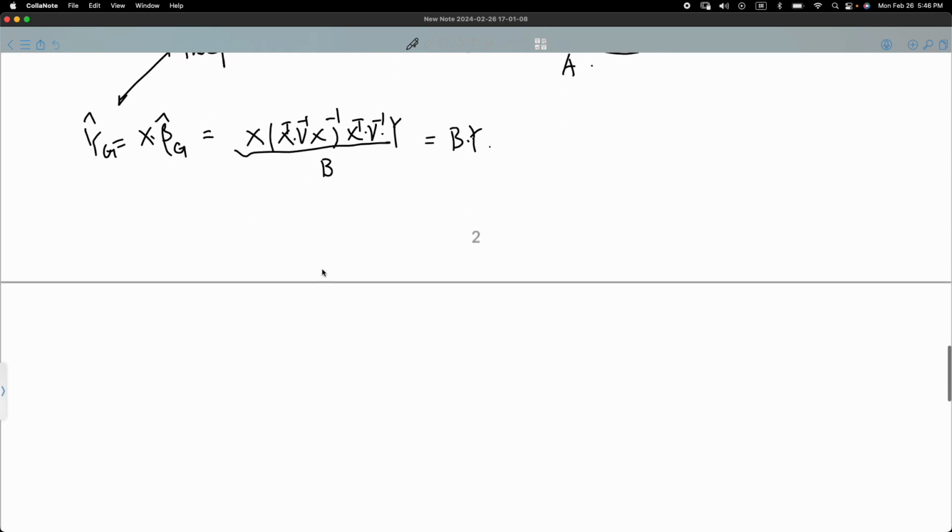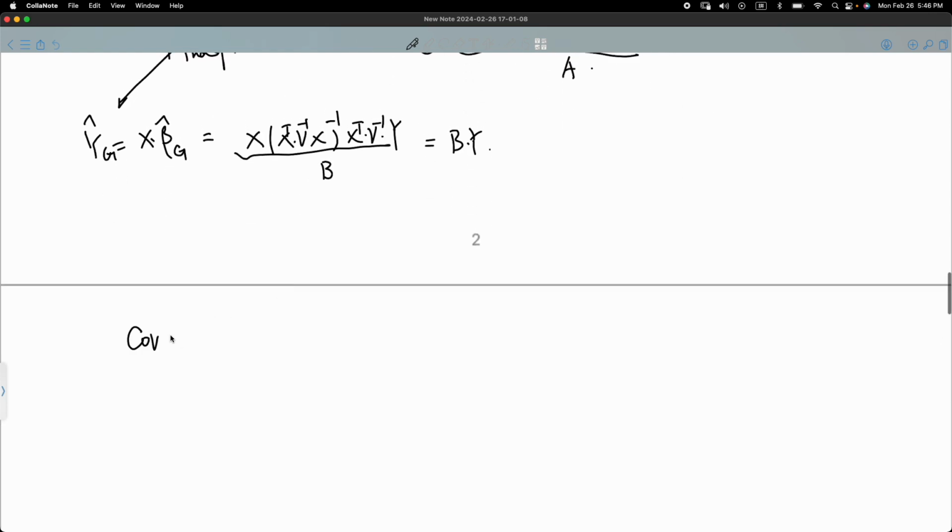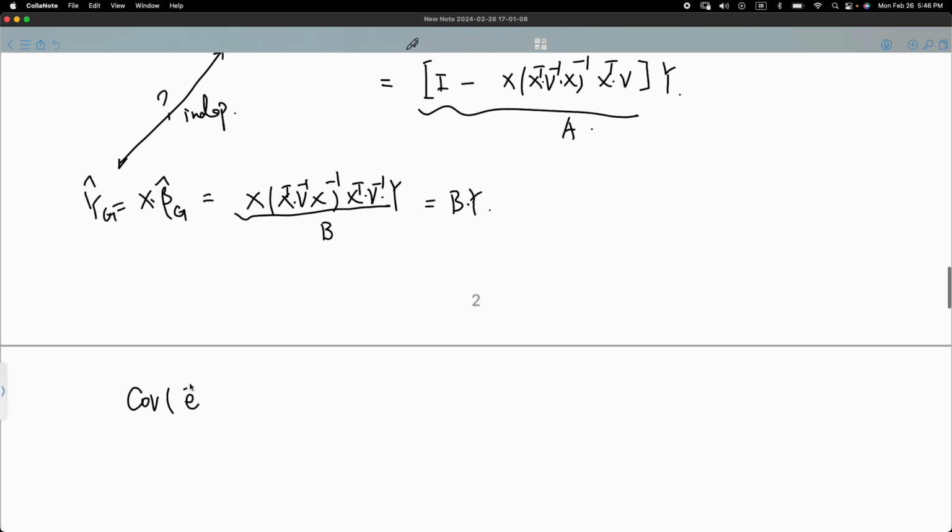What we want to evaluate is the covariance of E hat G and Y hat G, which ends up being the covariance of AY and BY. This is equal to A multiplied by the variance of Y multiplied by B transpose.